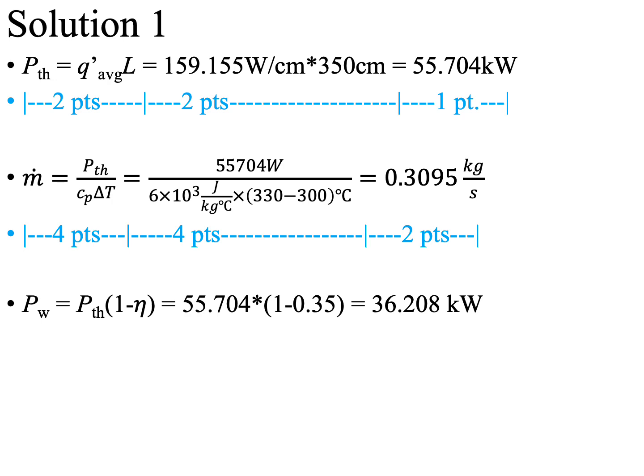Then you replace those variables by the numerical values, and pay attention to the unit. Convert the kilowatt to watt so everything is in standard units. Then you will get the coolant mass flow rate.